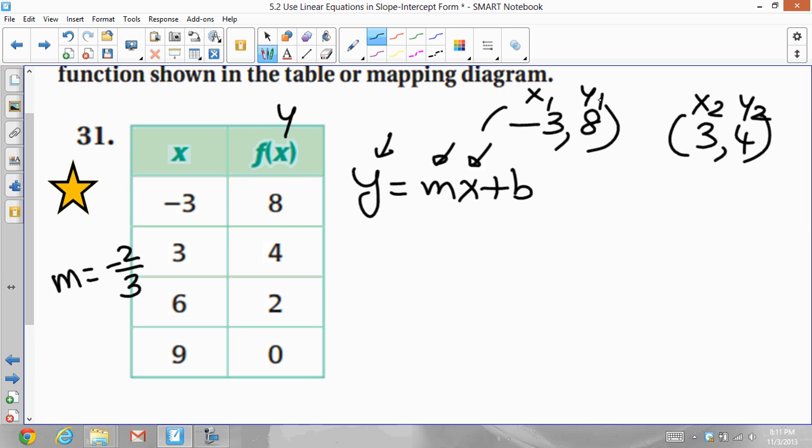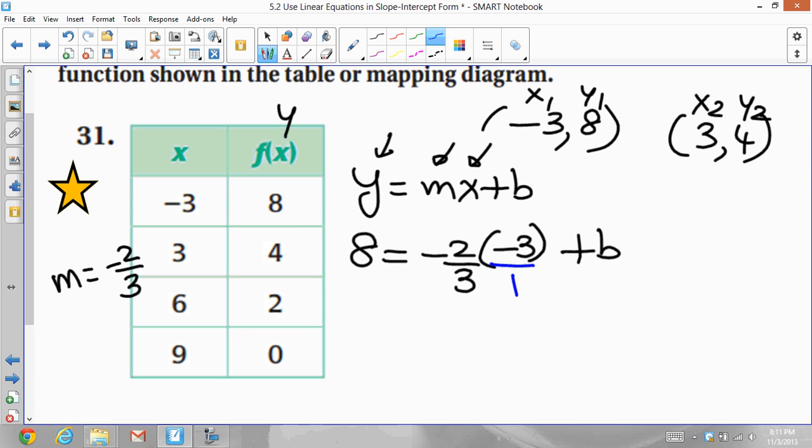So I'm going to take my y value to be 8, my slope to be negative 2 over 3, and my x value to be negative 3, plus b. And this looks like a fraction. I'm also going to make it look like a fraction by sticking a 1. So this is going to be 8 is equal to top times top, negative 2 multiplied by negative 3 gives you a 6. 3 times 1 is going to be a 3, plus b.